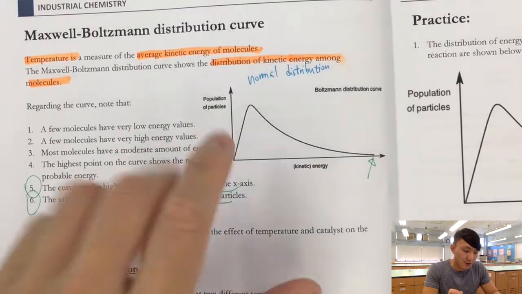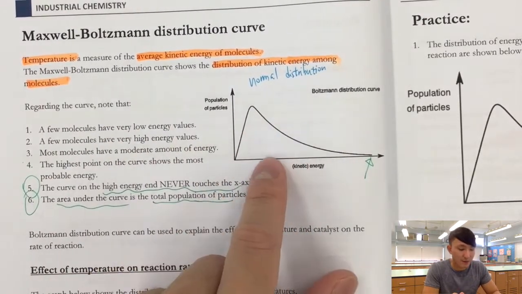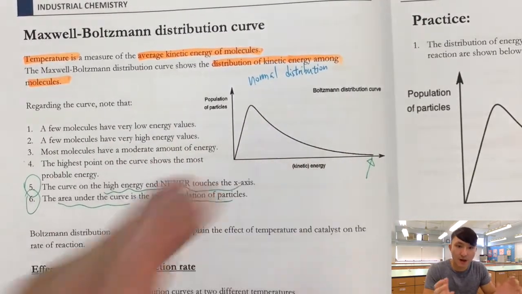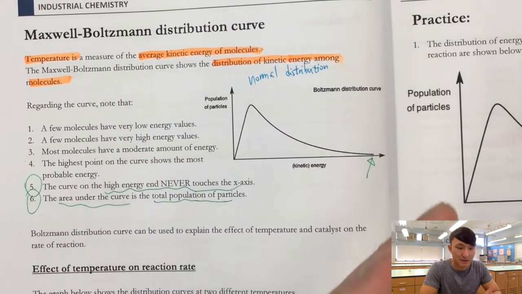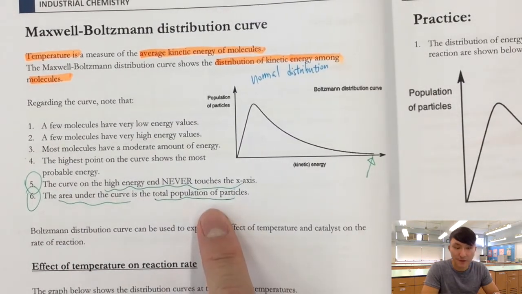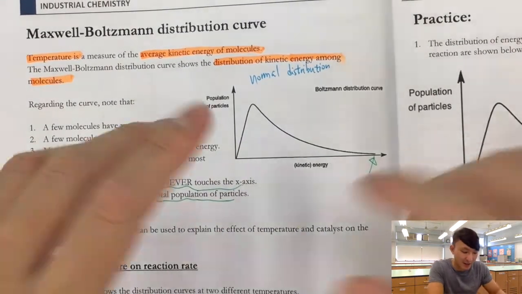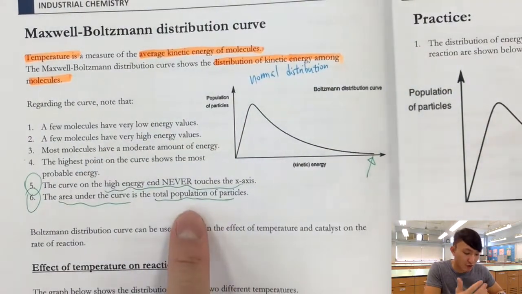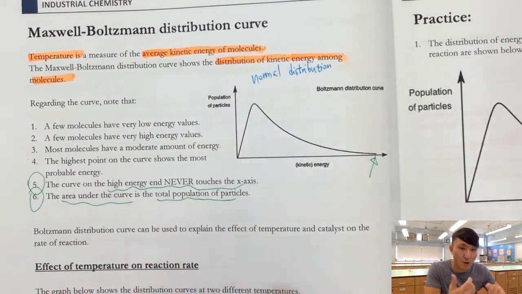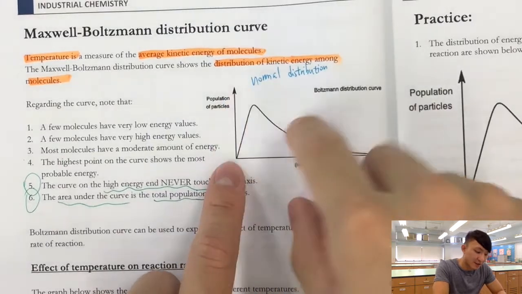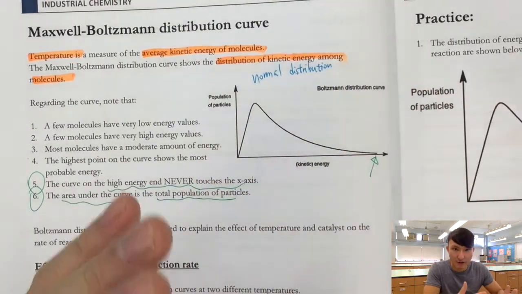Okay? So if you think about the area under the curve, basically with all the bars added together, that tells you the population. Okay? Now, if you don't understand it, basically the area under the curve tells you the total population of particles. If you have more particles in the sample, then this curve should have a larger area. Okay?